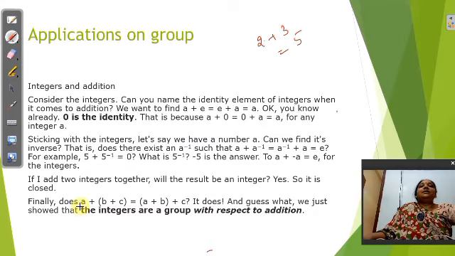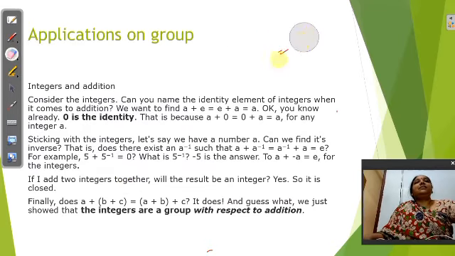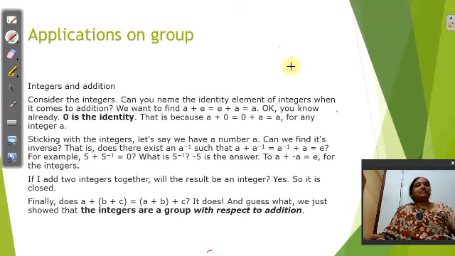Finally, does (a plus b) plus c equal a plus (b plus c)? Is it satisfying? If the closure property is satisfied, obviously the associative property is also satisfied. If we take any three elements, we'll check.